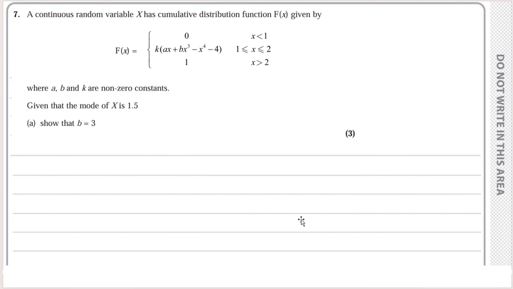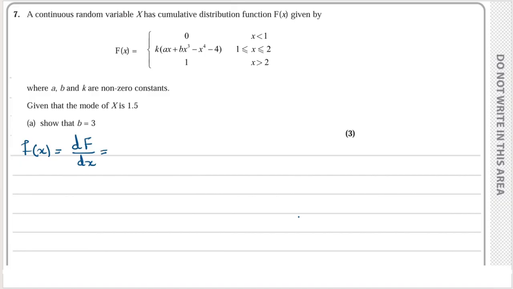So we know that the mode is the value of x where the PDF, lowercase f of x, is a maximum. So we need to work out the PDF f of x, and we know that the PDF is the derivative of the CDF.